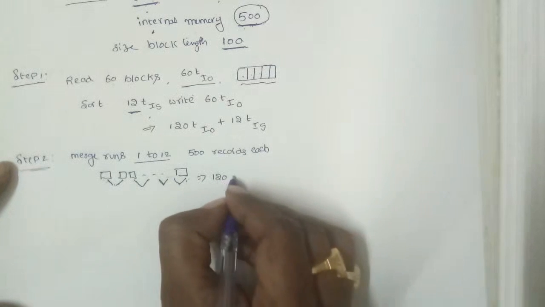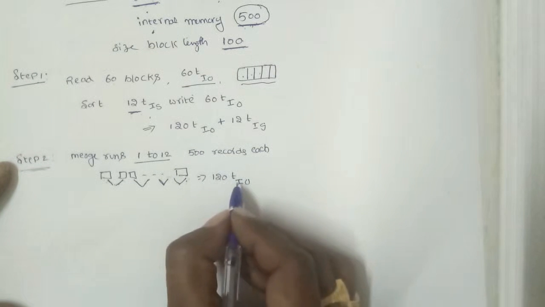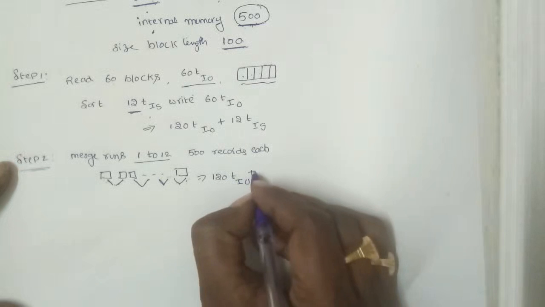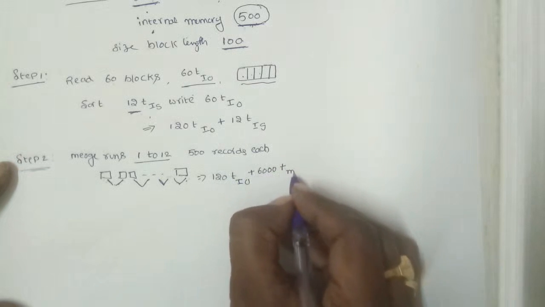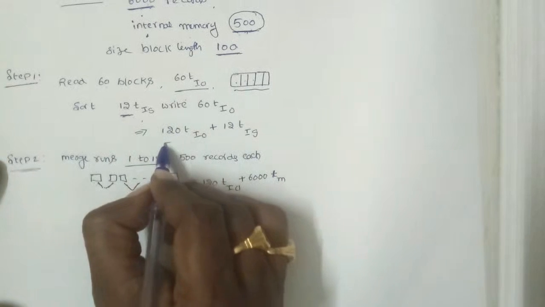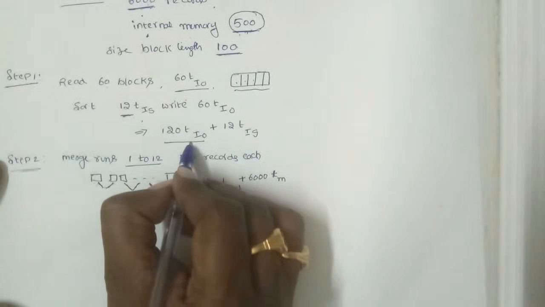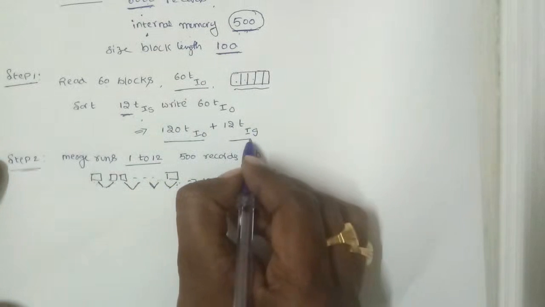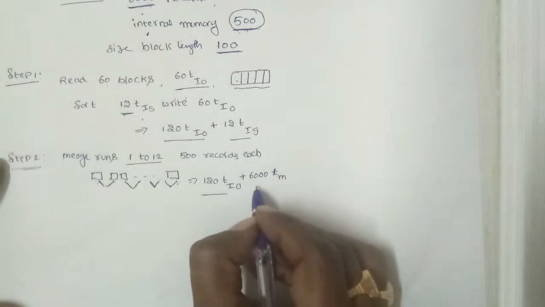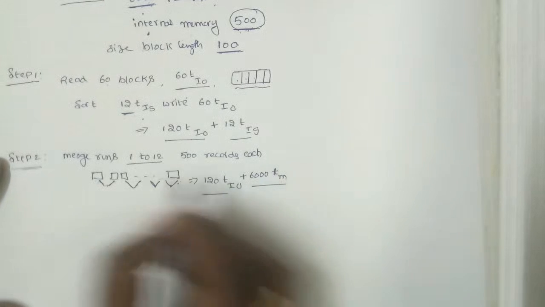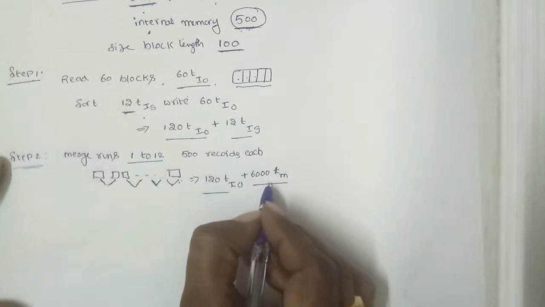I am reading the total records, and again placing the total records, and after reading I am performing the merge operation. Observe carefully here. I am reading and writing 6000 records. The time is this one. For internal sorting the time is this one. Here for reading and writing this one. I am merging 6000. How many records have you scanned? I have scanned all the 6000 records.